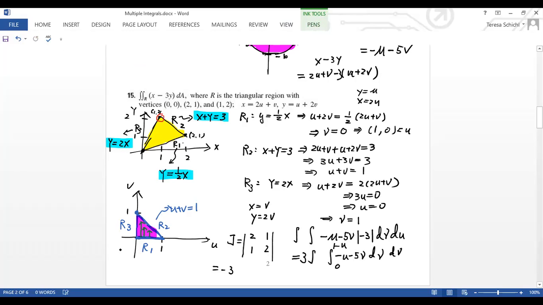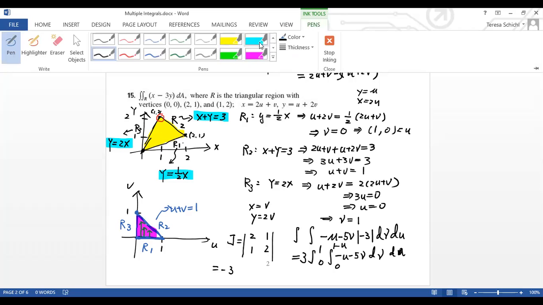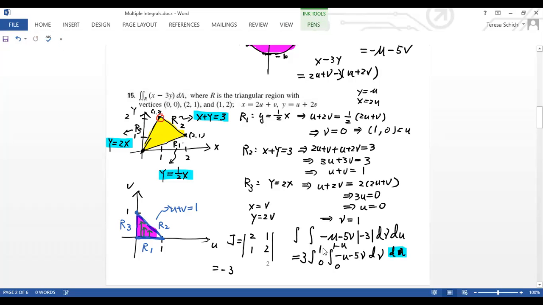Then for du here, it's 0 to 1. So be careful: this is du, 0 to 1, and this is dv, bounded by these lines. There's nothing tricky about this integration. Just do the typical integration and you should be able to find it.